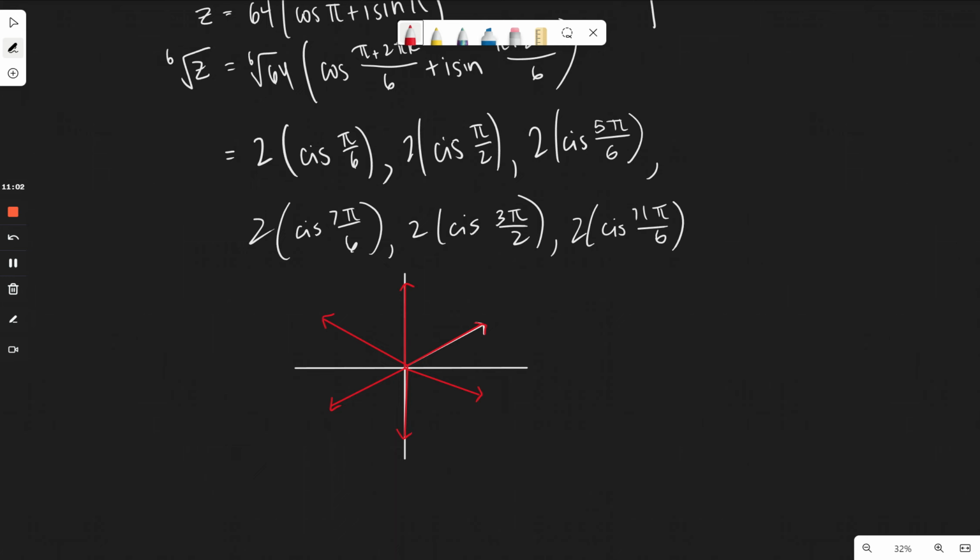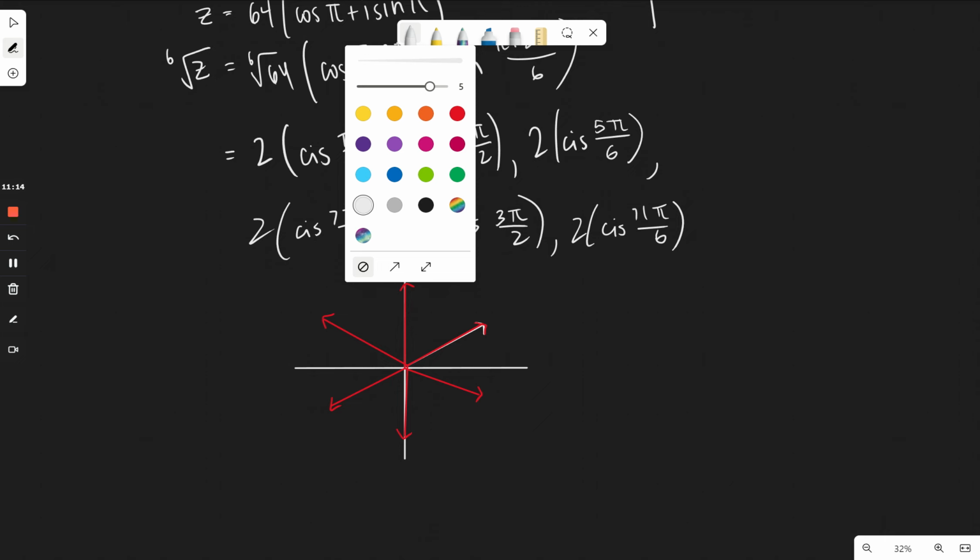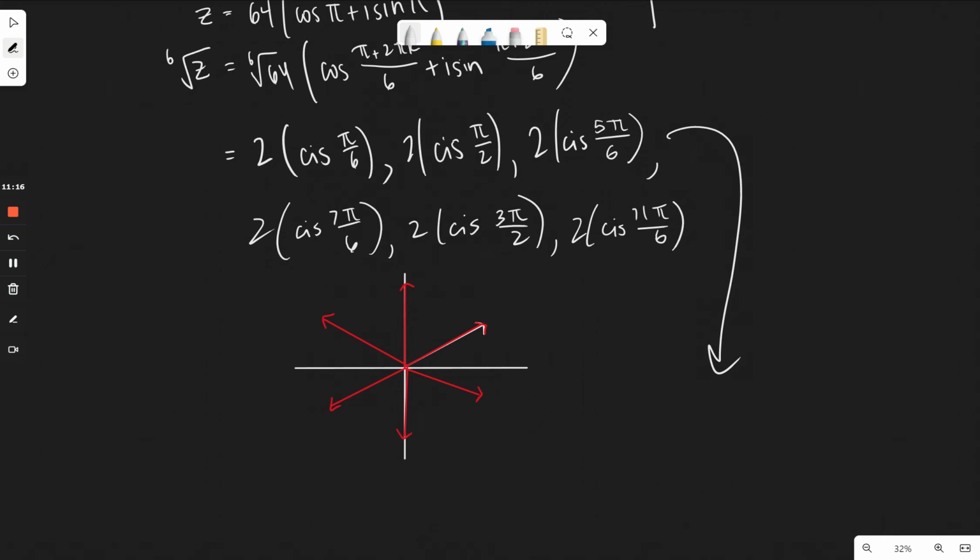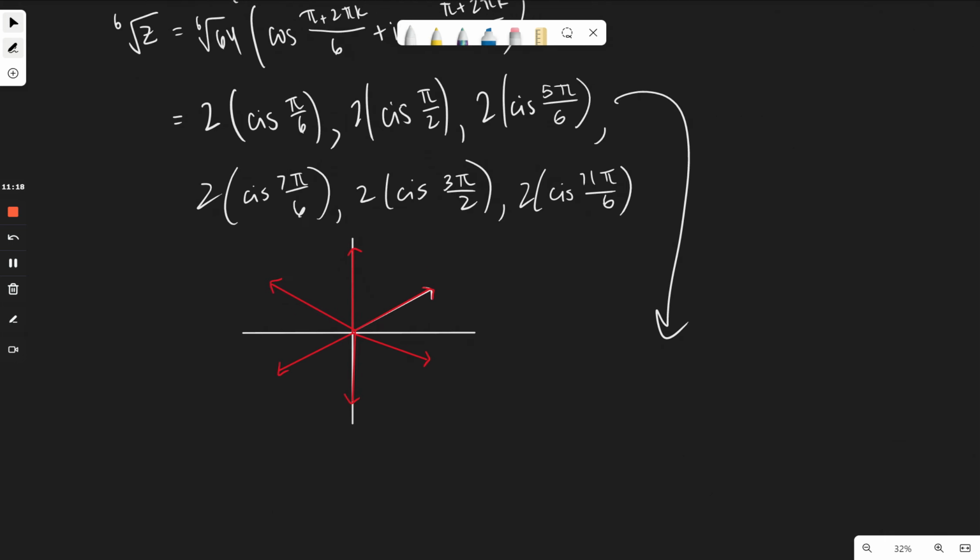But other than that, I guess I'll convert one to complex form, like a plus bi in rectangular form, just so you can see it. But I'm not going to do all of these roots because I feel like that's a little redundant. Let's just pick a random one. Let's pick this one. So we have 2 cis 5 pi over 6. Let's do it over here.